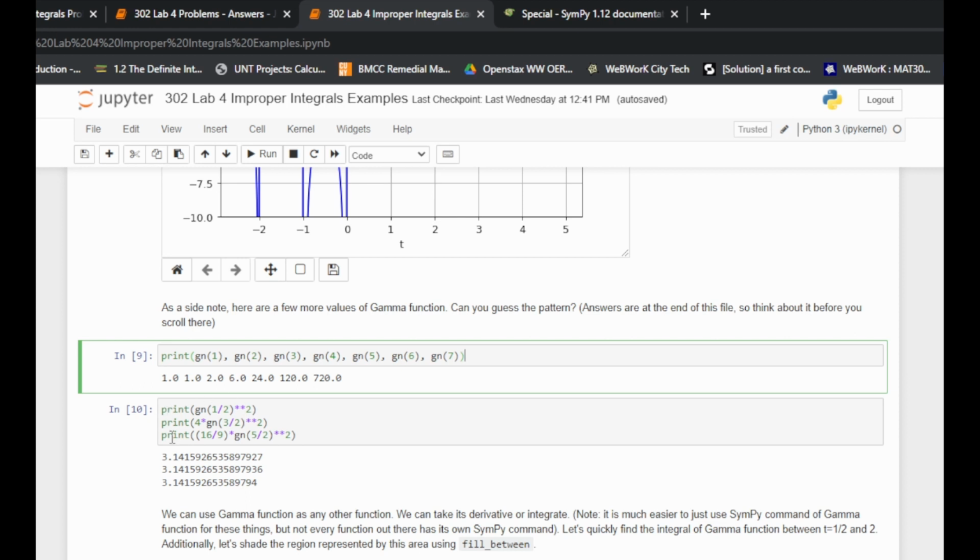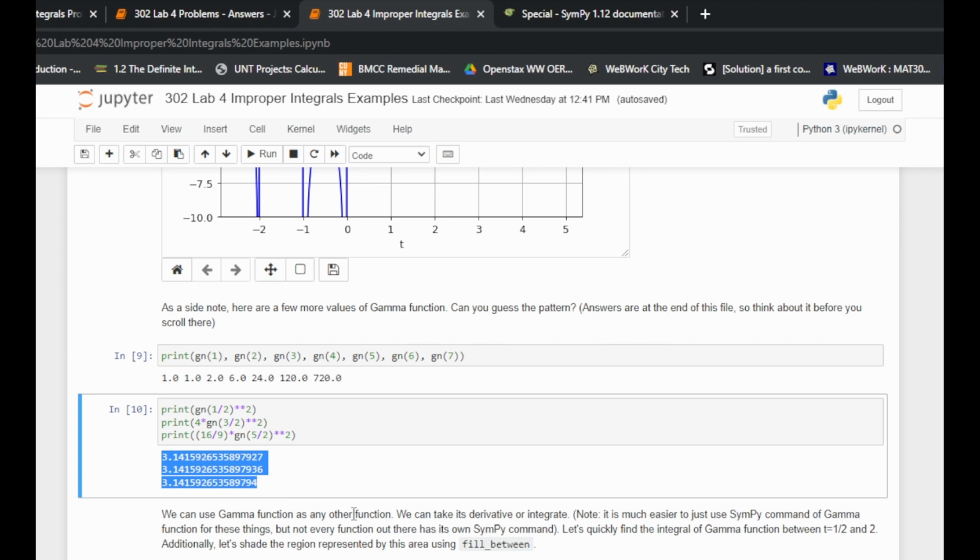The second sequence is the following sequence. So it's gamma of 1/2 squared, and then it's 4 times gamma of 3/2 squared, and then 16 over 9 gamma of 5/2 squared, and so on. If I evaluate these three functions, I get the same answer, which is pi.